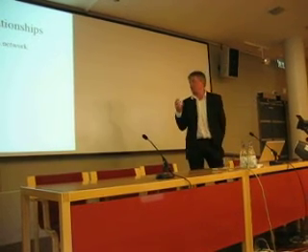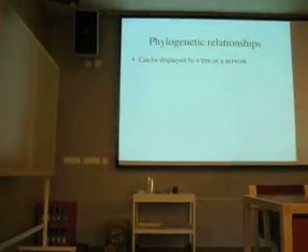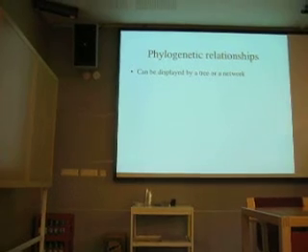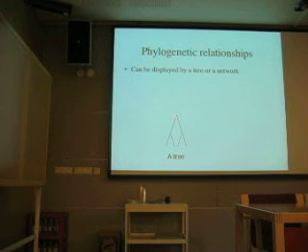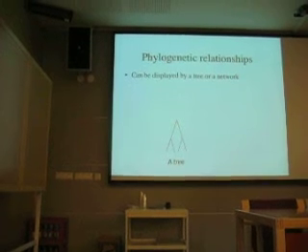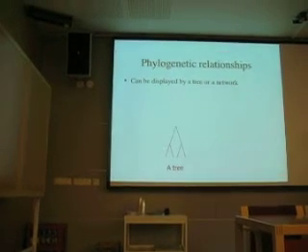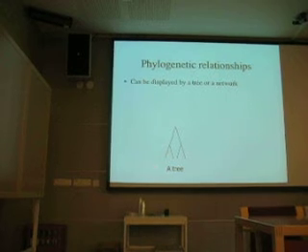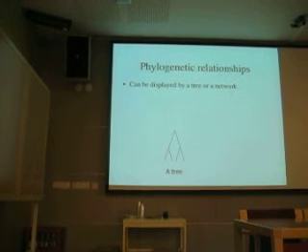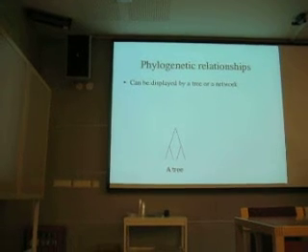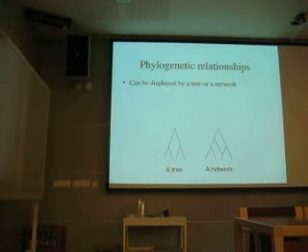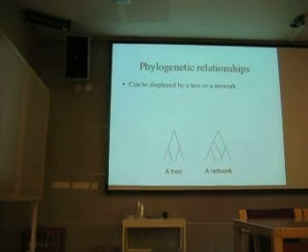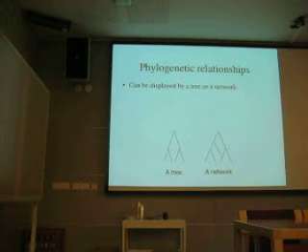that phylogenetic relationships can be displayed either by a tree or by a network. A tree is mathematically something that doesn't make cycles, that makes new daughter branches that never come together again. And that's how we usually look at phylogenetic relationships. But phylogenetic relationships can also be reticulate.